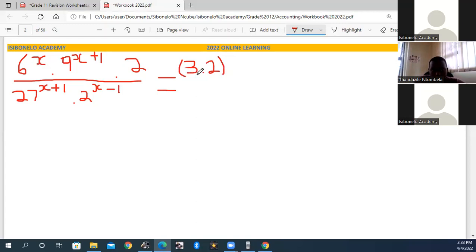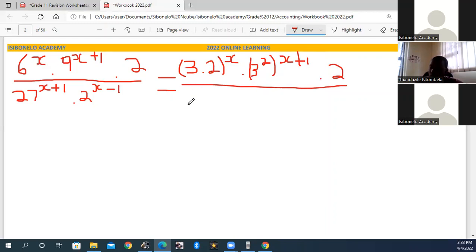We write the 6 as 3 times 2 and then bring back the exponent x. Then we write the 9 as 3 squared. So 9 is 3 squared, with exponent x plus 1, times 2, all over 27, which is 3 cubed.